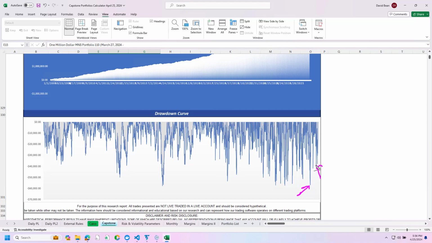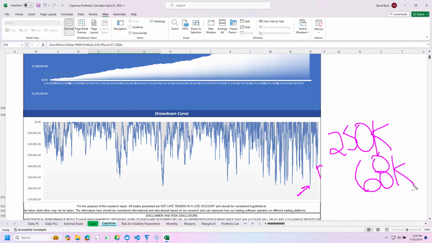But it was from November 1st to March the 15th, up about 250K hypothetically. Since then, it's up about 68K, and 44K of that is today. So we'll see how this continues forward, and it's good to be up on this.